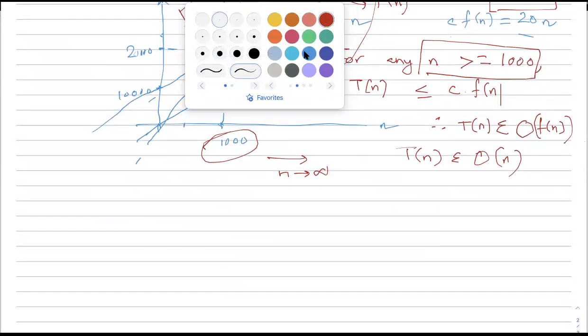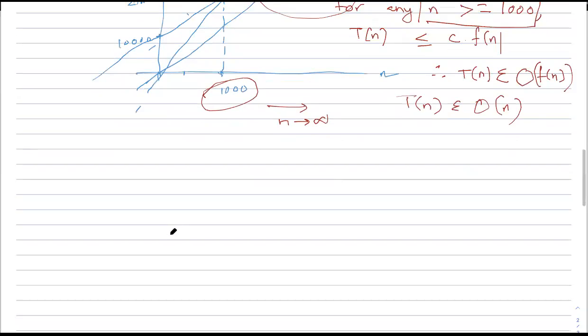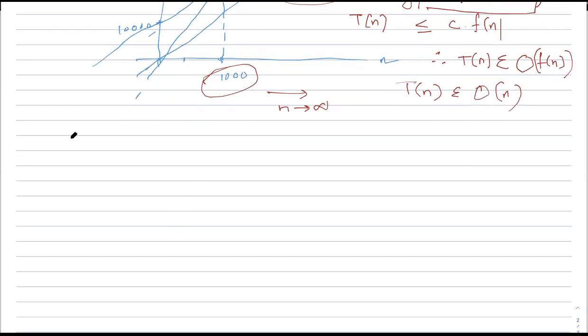All right, so now we are ready to define it formally. So far I was just trying to approach it informally, just to give you a feel for how the notation looks and what it actually conveys.